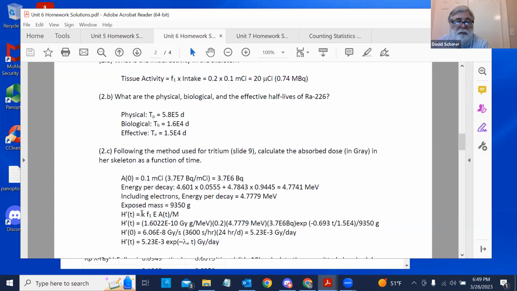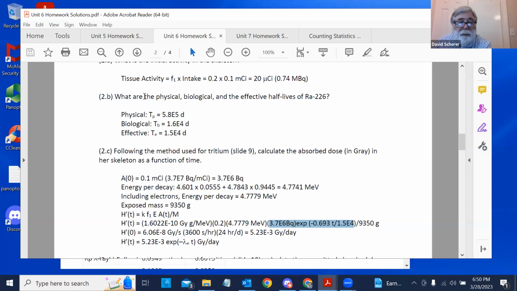Anyway, so it's the conversion factor for units, and then the activity that's in the tissue divided by the mass, and then it's a function of time. The activity is right here. It's the initial activity times 0.2 e to the minus lambda t. That's what this is, a function of time.